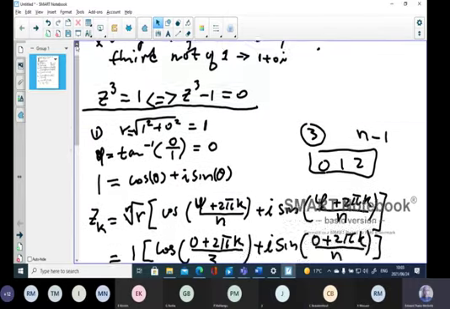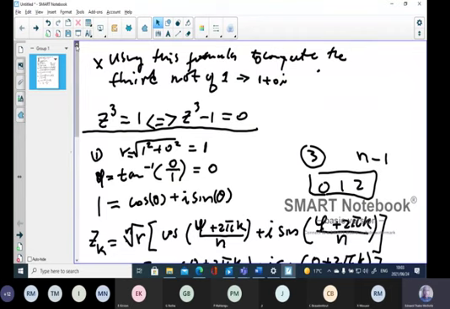In the question, I said use the formula to compute the third root of 1. How do you read the one which you underlined? I'm just trying to show you that this is an equation.